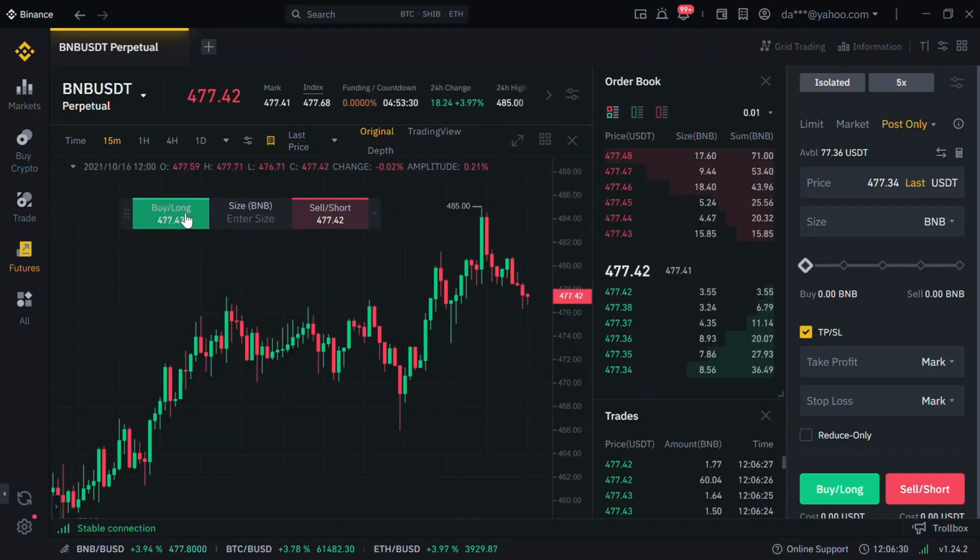So one thing to know about futures trading is that it's different to spot trading, in the sense that when it comes to spot trading, you buy the asset and hold it actually. But when it comes to futures, you don't actually buy the assets, you don't own the assets.